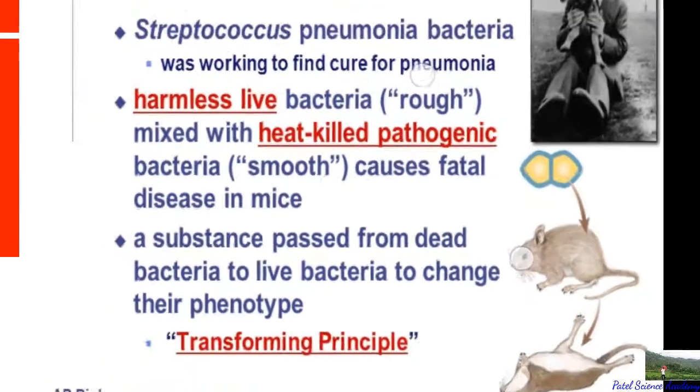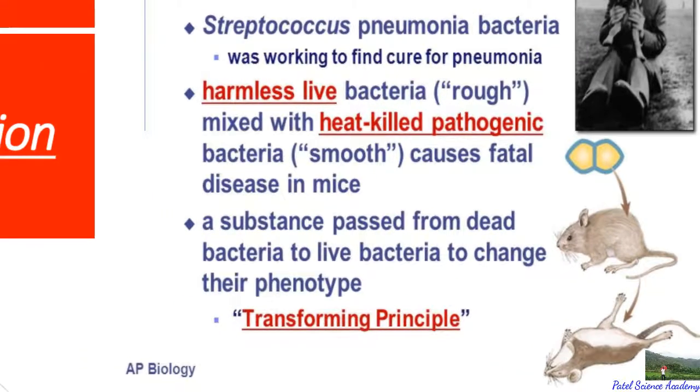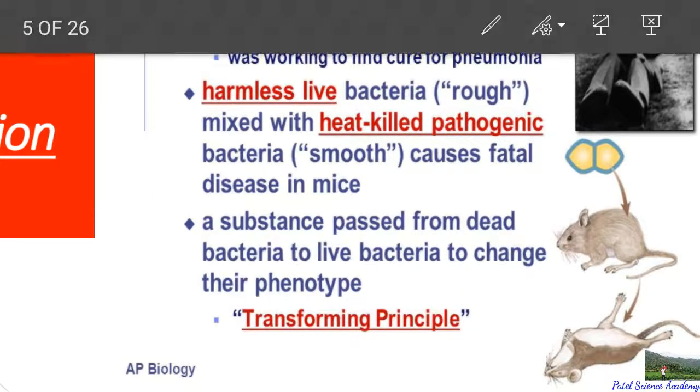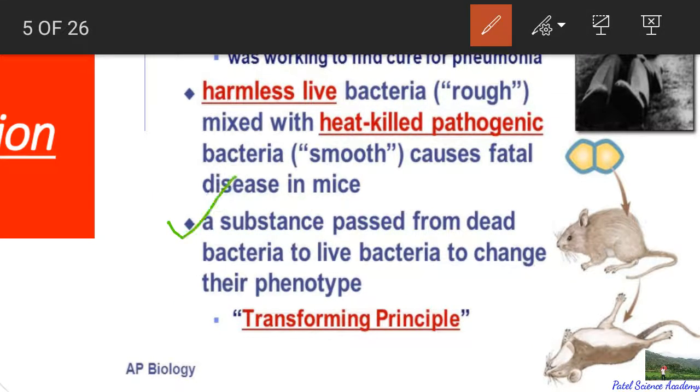So he concluded that there was a substance passed from the dead bacteria, means the heat killed S bacteria, to the live bacteria. Which was live bacteria? R strain. What was dead bacteria? Heat killed S strain.